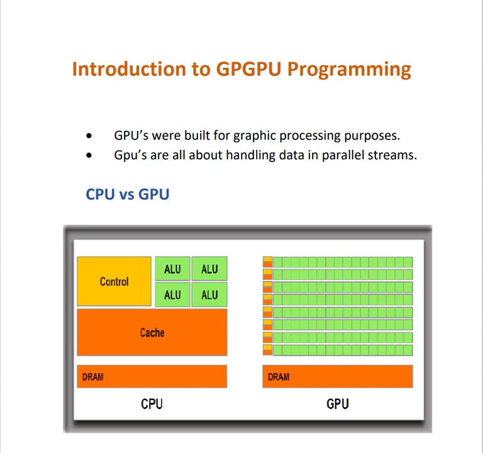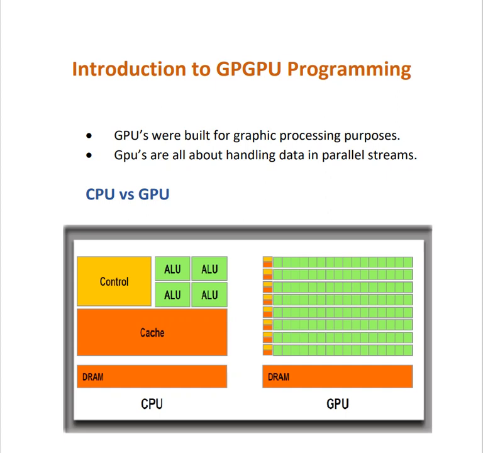A GPU, when compared with the CPU, only consumes less memory. The other thing is that CPUs are suitable for serial instruction processing, but GPUs are not suitable for serial instruction processing. They are suitable for parallel instruction processing, but CPUs are not suitable for parallel instruction processing. They are only suitable for serial instruction processing.